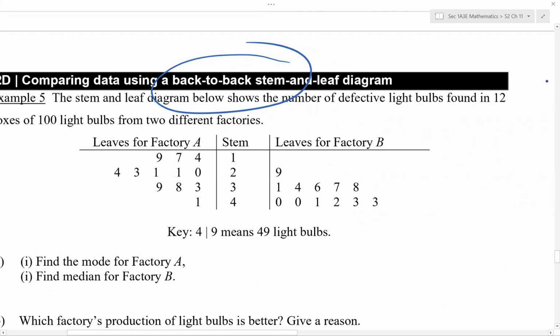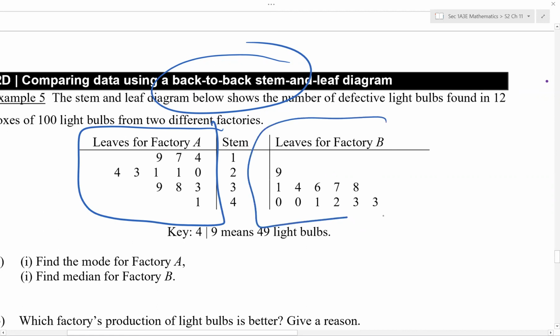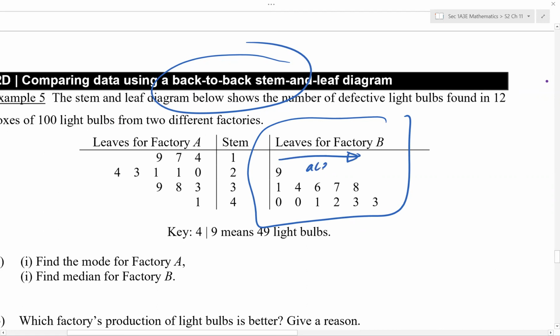I want to draw your attention to the leaves on the left-hand side, because we are already familiar with the leaves on the right-hand side. For the leaves on the right-hand side, we put the smallest digits closest to the stem. So we end up having this in ascending order.